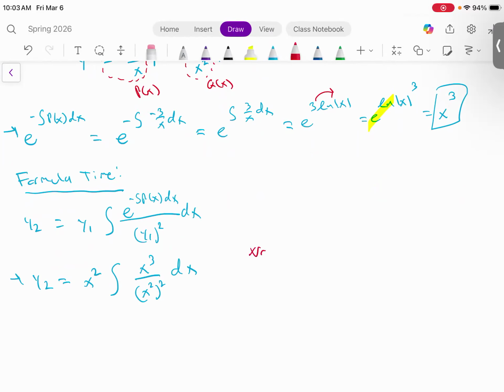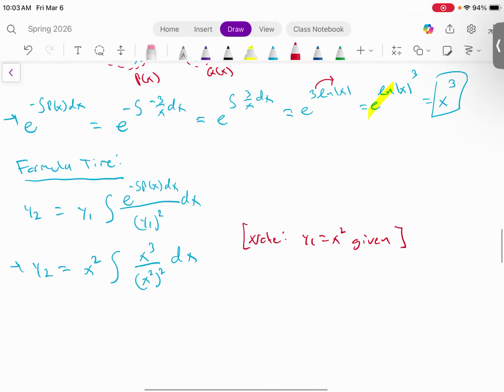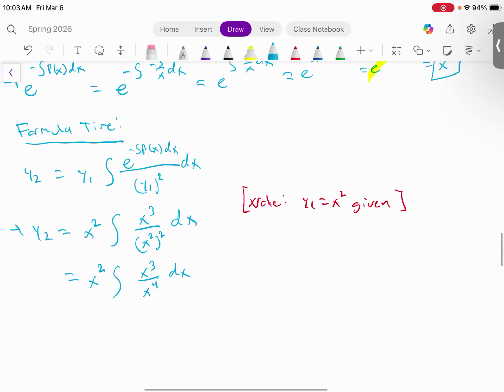Note y1 equals x squared, given. Okay, so this turns into x squared times the integral of x cubed over x to the fourth dx. This simplifies to 1 over x. So I have x squared times the integral of 1 over x dx.